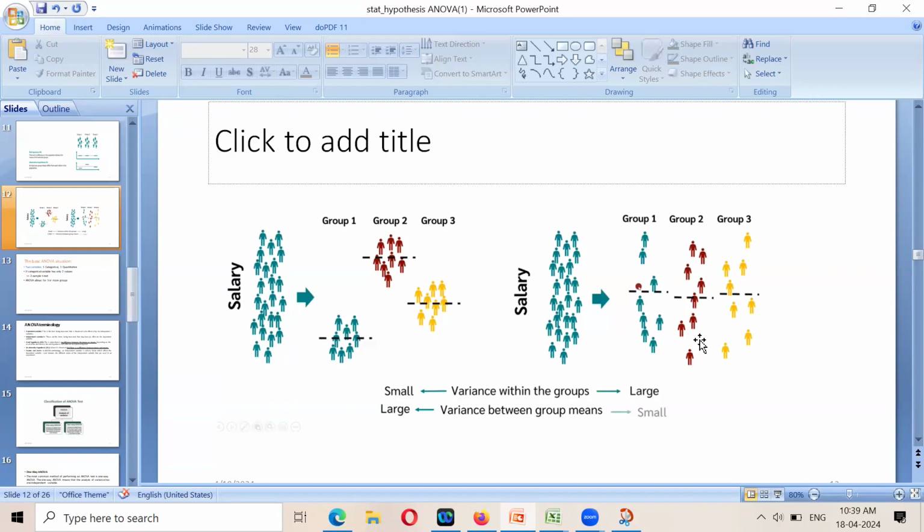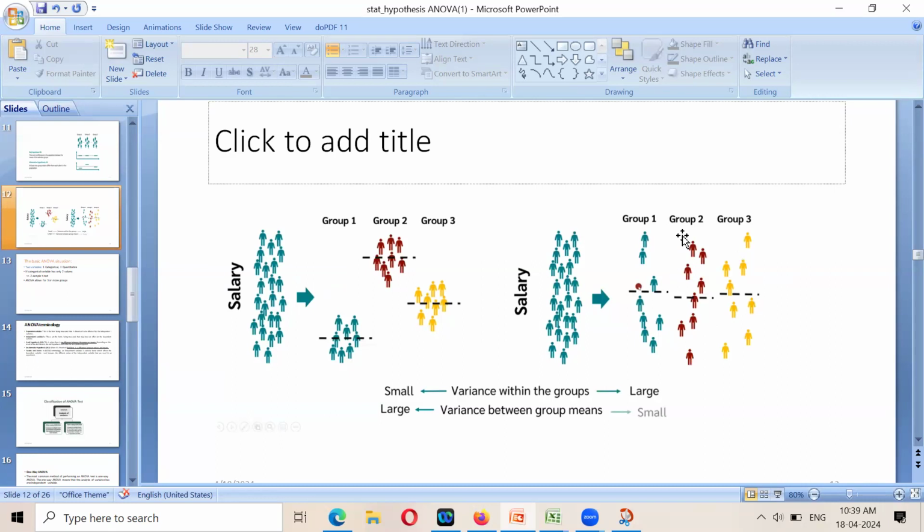So the brown group and yellow group are also at some distance from each other. So variability within the group is large here. But variability between the groups is small; we cannot clearly identify them as we do in the first figure. In the first figure, we can clearly identify three groups, not only because they have different colors, but because they are visibly separate.